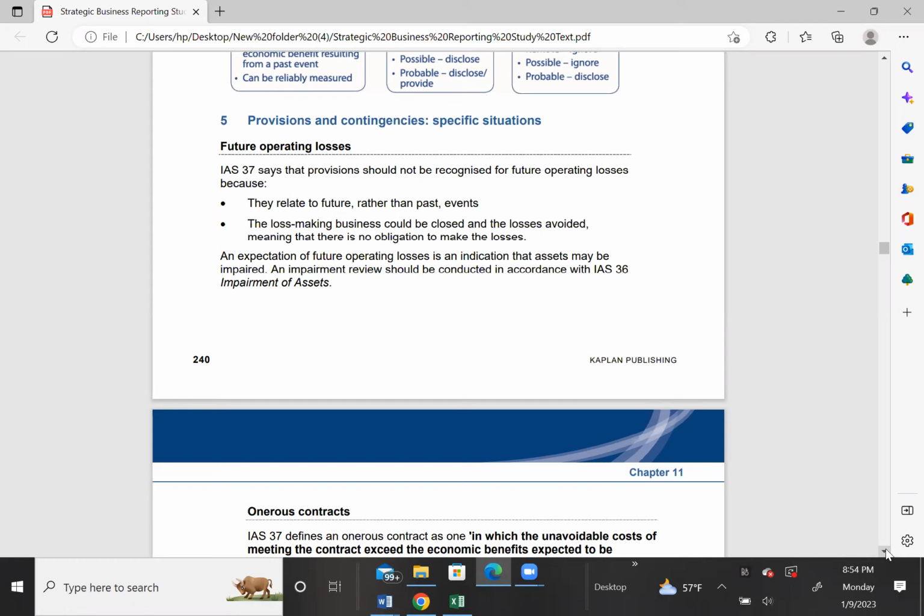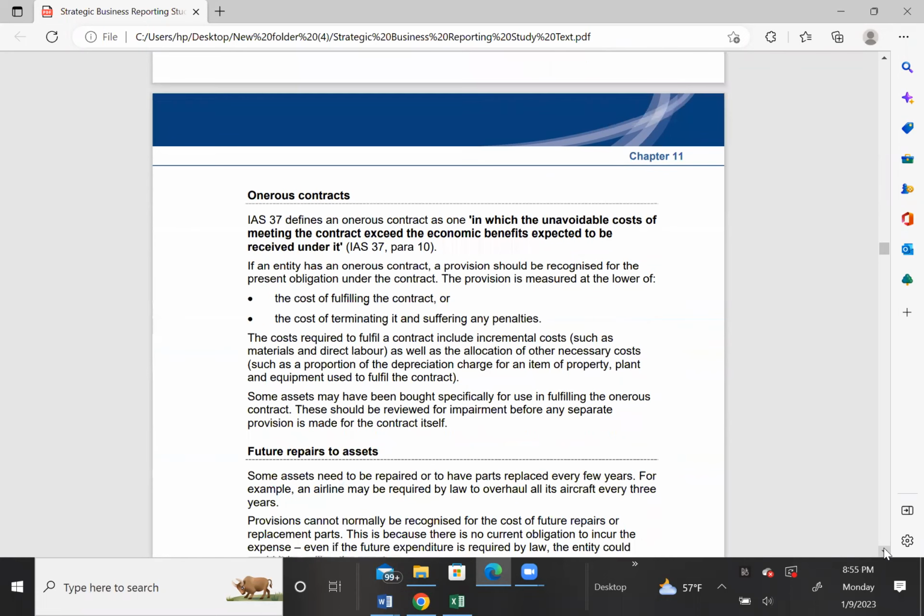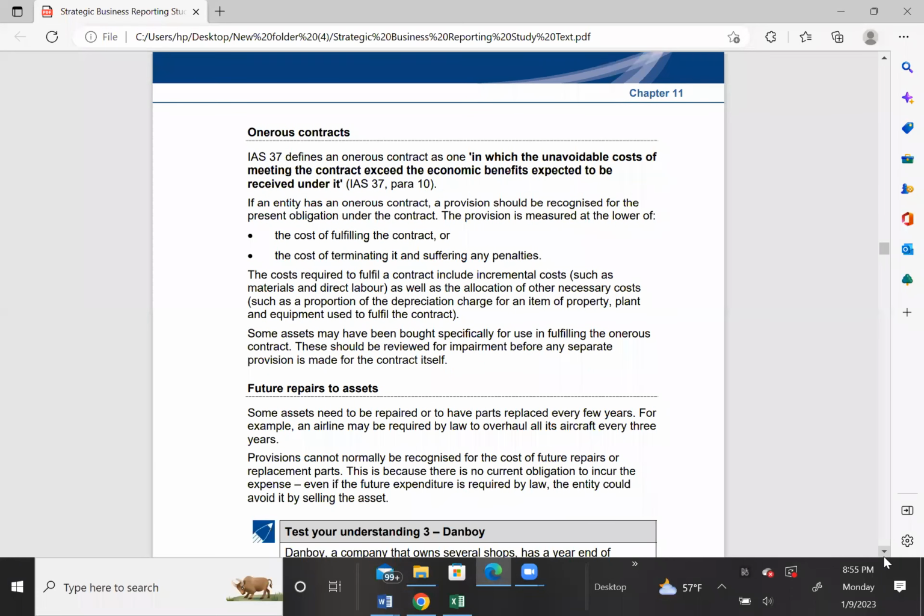We can shut down the business. So there is no obligation, there is no past event. So for future operating losses, we do not recognize any provision. Similarly, for staff training costs, for the purchase of the asset, we also do not recognize any provision, because IAS 37 strictly prohibits recognizing a provision for future operating losses.